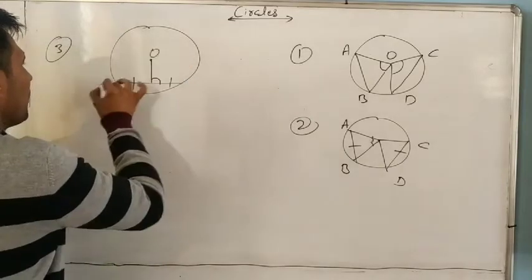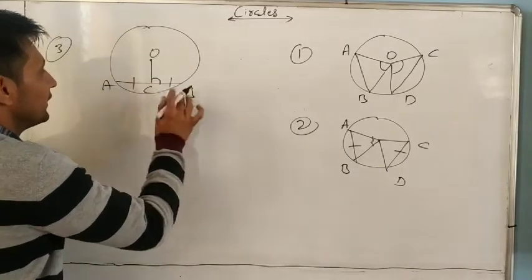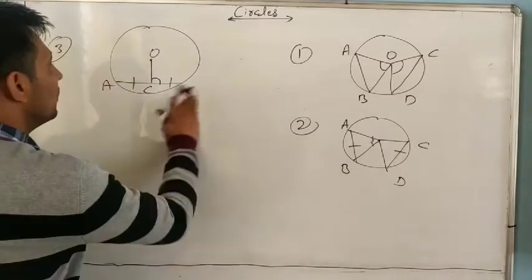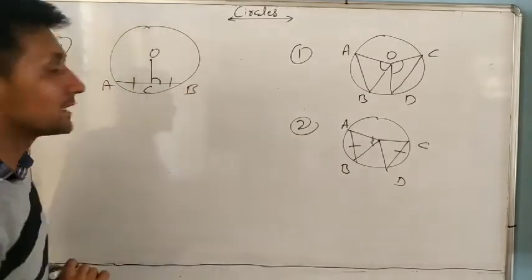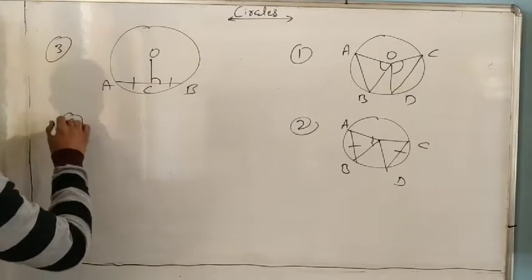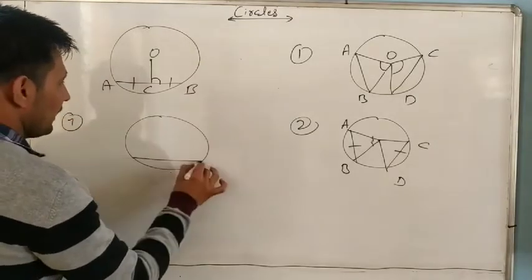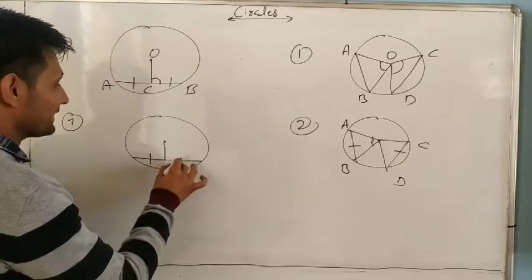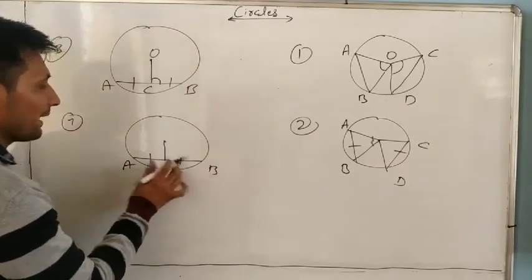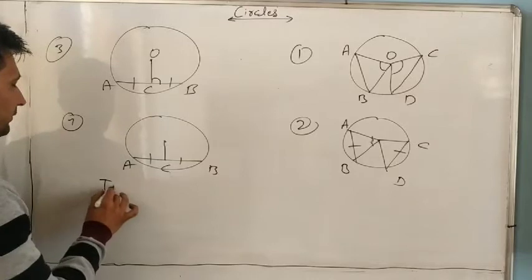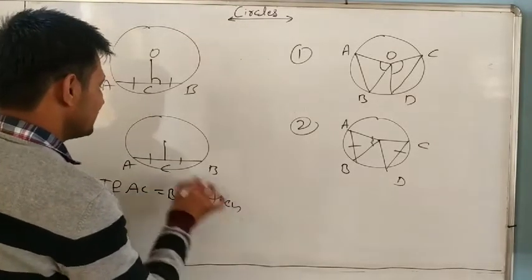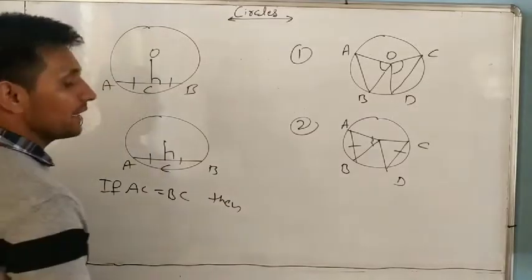Bisect means, O to AB, it is C. If OC is perpendicular, it means AC equal to BC. And the opposite of this one: if a line from the center bisects the chord, if AC equal to BC, then this is always a perpendicular.